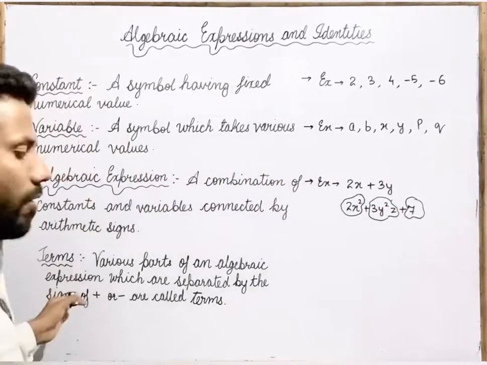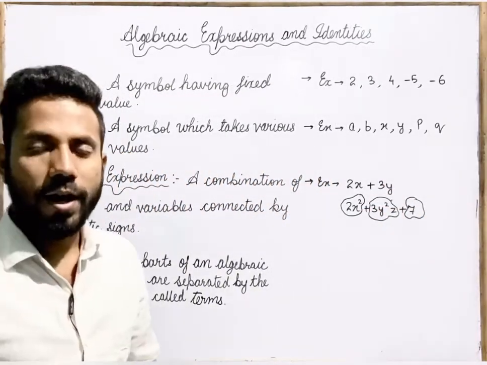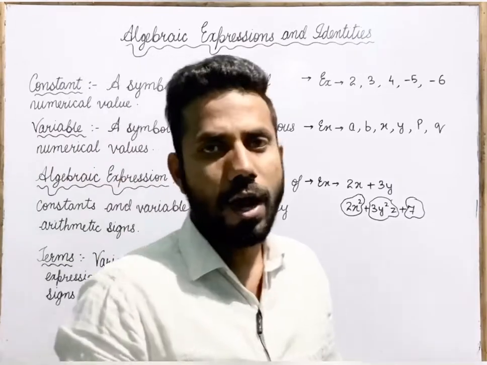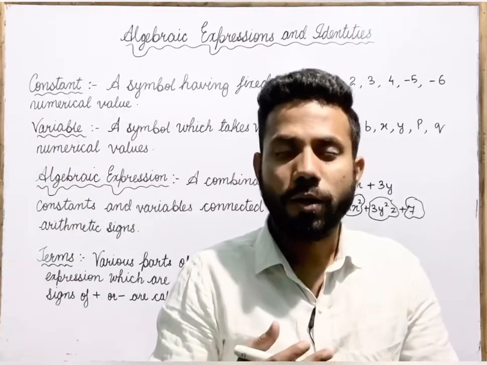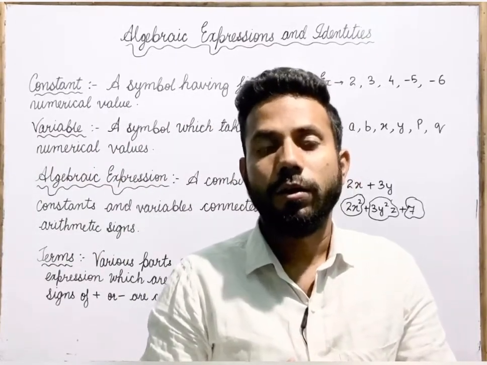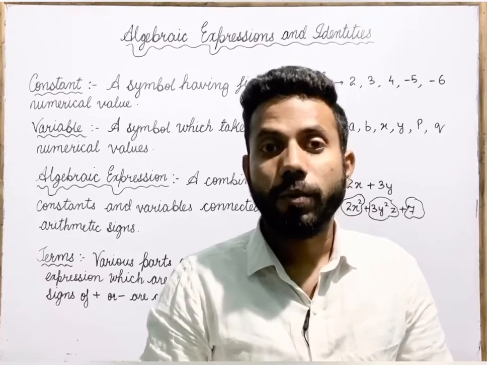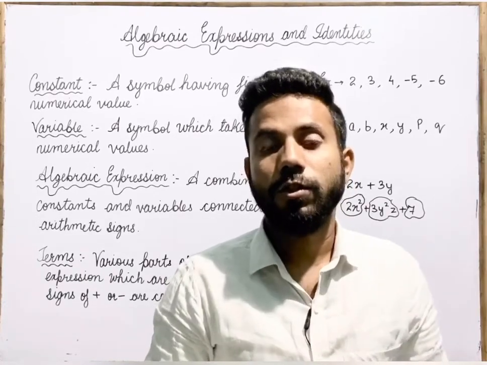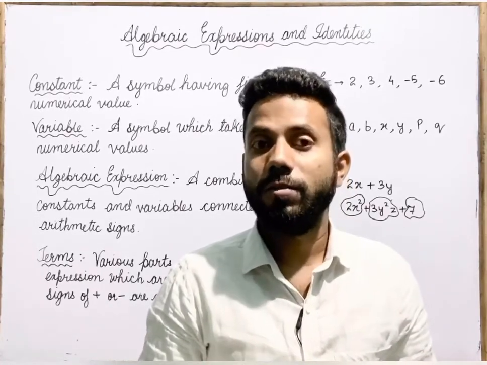Now on the basis of terms, an algebraic expression can be characterized into monomial, binomial, trinomial, quadrinomial. These are the categories on the basis of the number of terms.